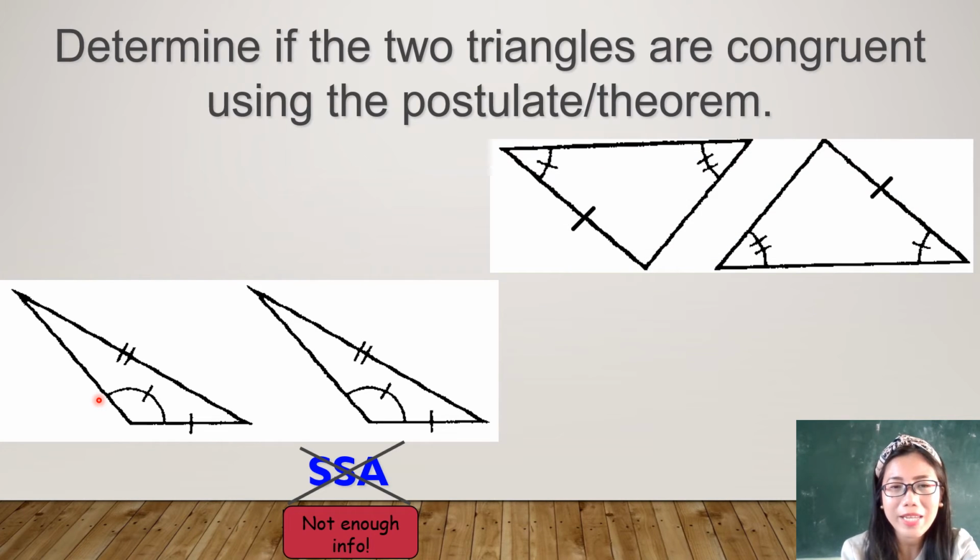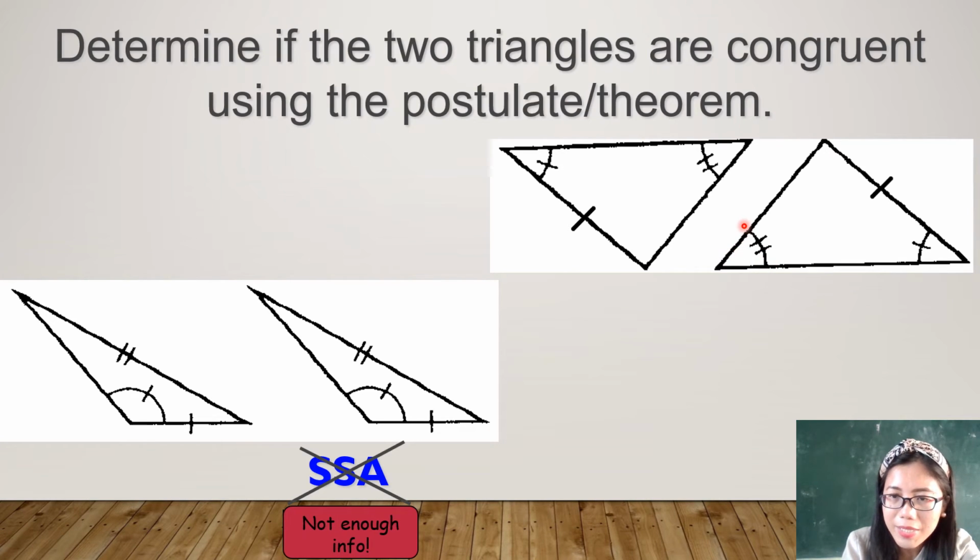Okay, let's have the fourth example. Here you have this side, one hash mark, and another side, also one hash mark, meaning these two corresponding sides are congruent. Another angle here, one hash mark, is congruent to this angle. The other angle here, two hash marks, is congruent to this corresponding angle.